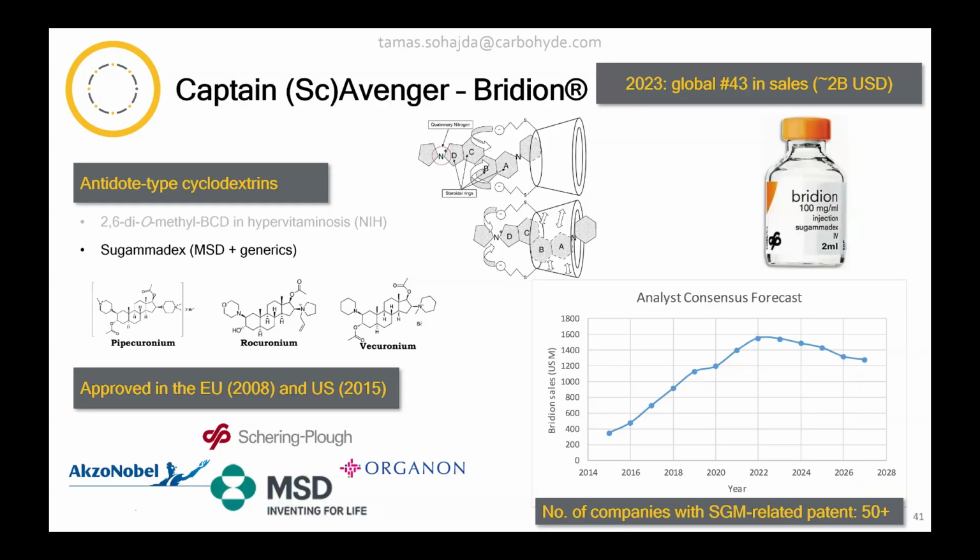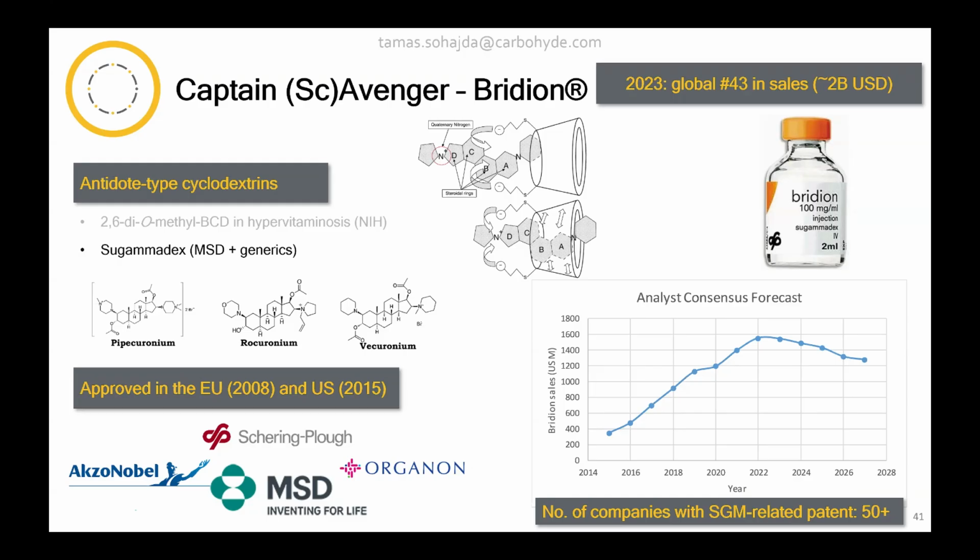So again, a pun, it's Captain Scavenger, Bridion. It was the first marketed product as a cyclodextrin API. It is used after surgeries where they are using rocuronium, and of course you need the rocuronium, but when you don't need the effect anymore, you can inject Bridion.